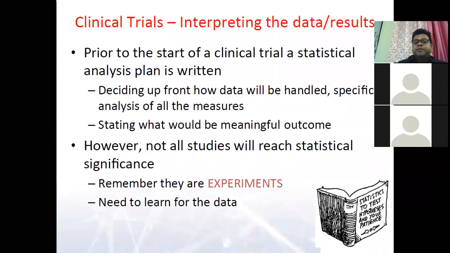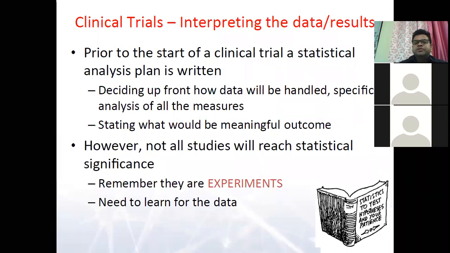So how can you interpret the data or results of this clinical trial study? Prior to the start of a clinical trial, a statistical analysis plan is written. How will you collect the data, which statistical tools will be used, and after that, how will you interpret the results?